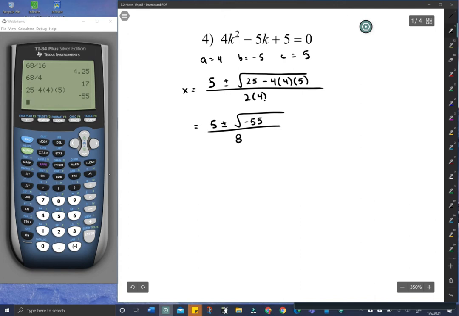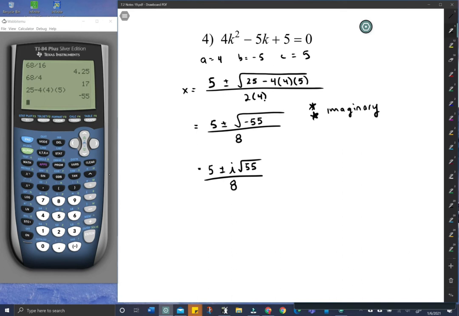Okay? Square roots of negatives, we talked about, means that we are going to bring out an i. Square root of 55 over 8. And I don't believe any perfect squares go into 55. 55 is 11 and 5. And yeah, that's about it.